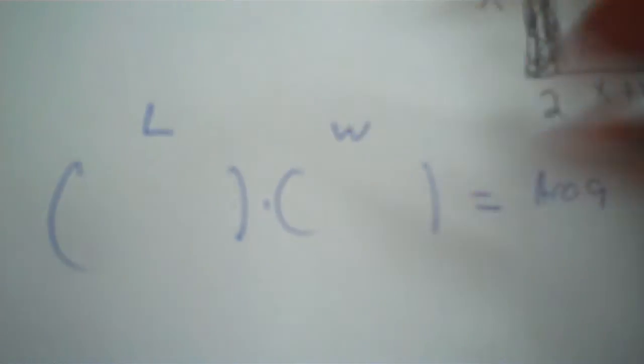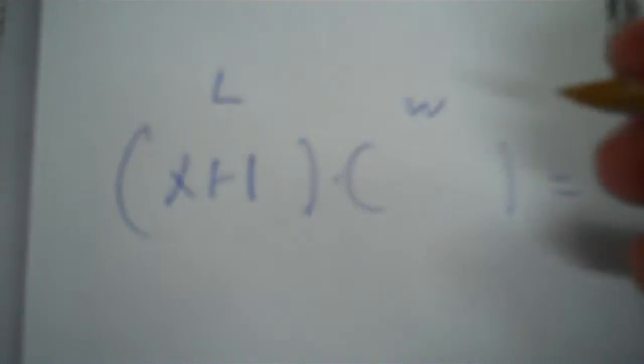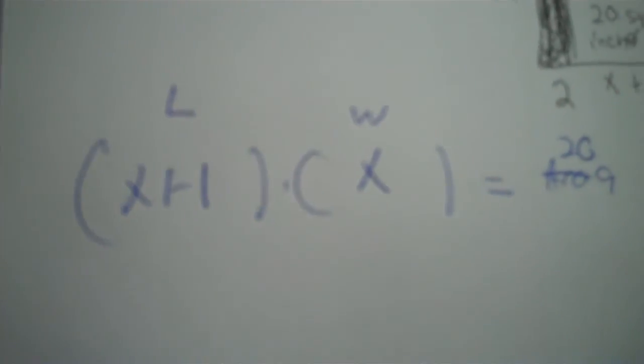Length times width. So I know the area is 20, but that's for the white part. So x plus 1 is going to be my length. Now I don't know the width here on the side. We'll look on the other side. You see x, okay? So I'll fill that in with x. Now this has to be multiplied out before you solve it.